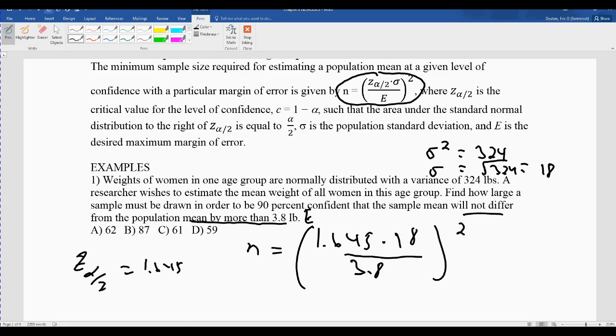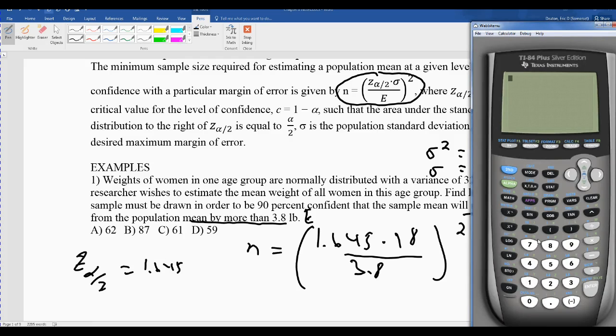So now I'm going to take out my calculator and type that in just the way it is. 1.645 times 18 divided by 3.8, close it, squared, enter. Always round up, no matter what. You always round up. So you get N is equal to 61. So the answer is C.